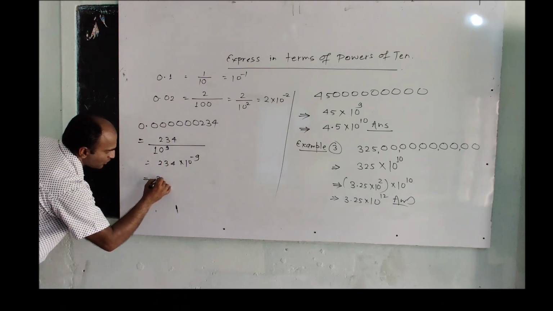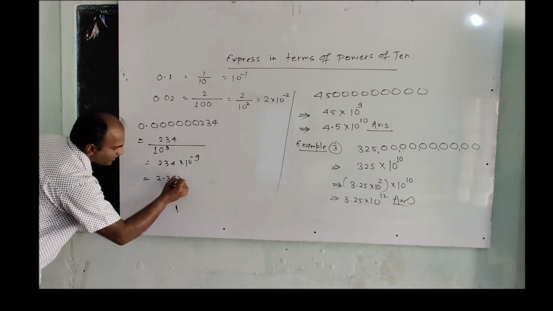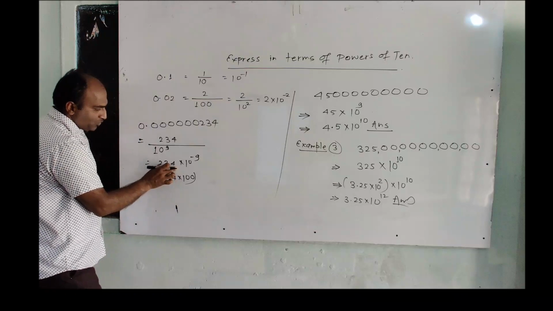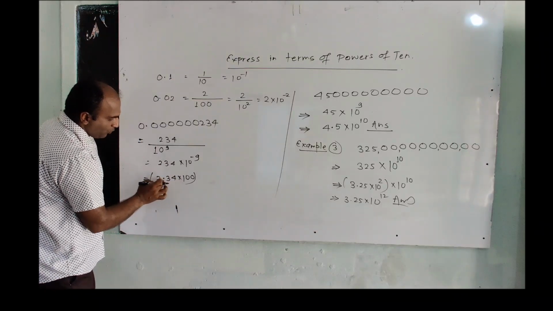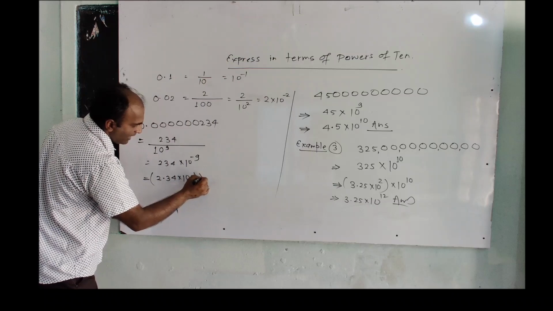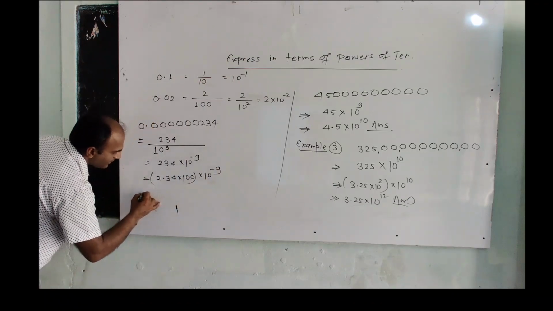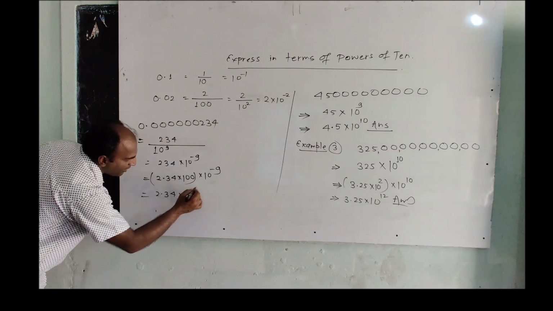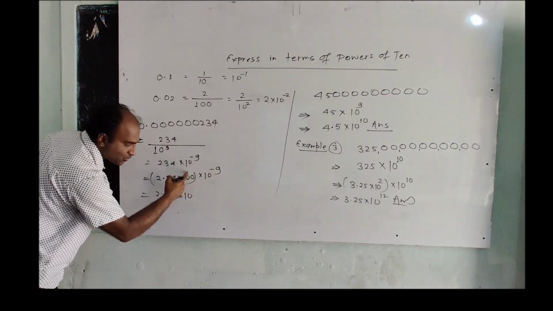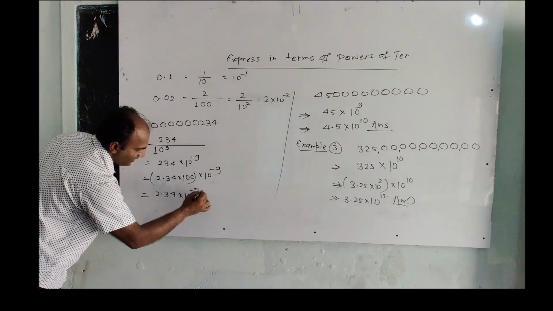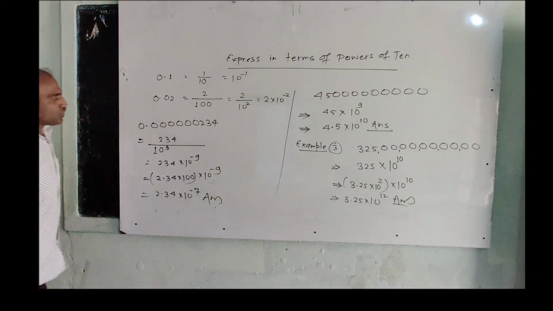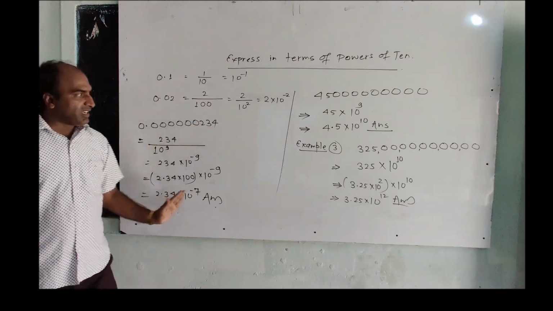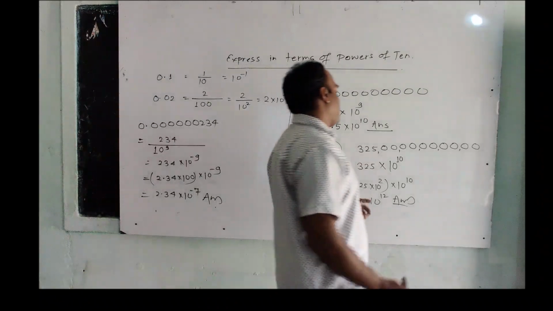For 234 we write 2.34 into 100, so it becomes 2.34 into 10 power 2. And with 10 power minus 9, it becomes 2.34 into 10 power minus 9 plus 2, which is equal to minus 7. In this way, we can express very small or very big numbers in terms of powers of 10.